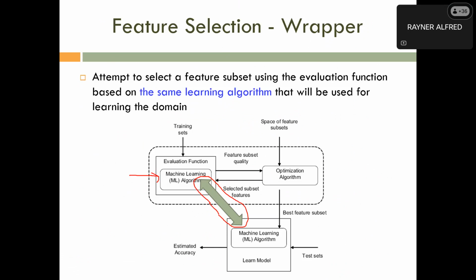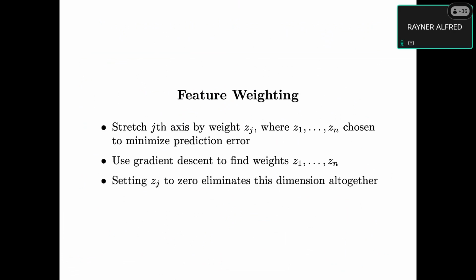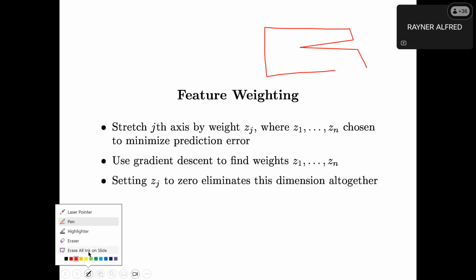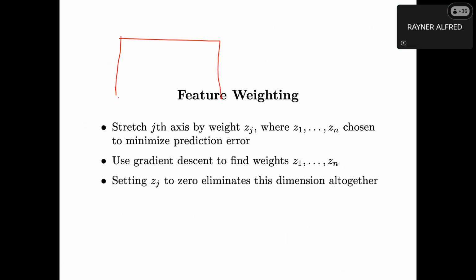We could also use feature weighting. Feature weighting is basically putting different weights on the features that we have. For example, let's suppose we have 5 features. We could put weights like 1, 0, 1, 0, 1. That means you only include these 3.